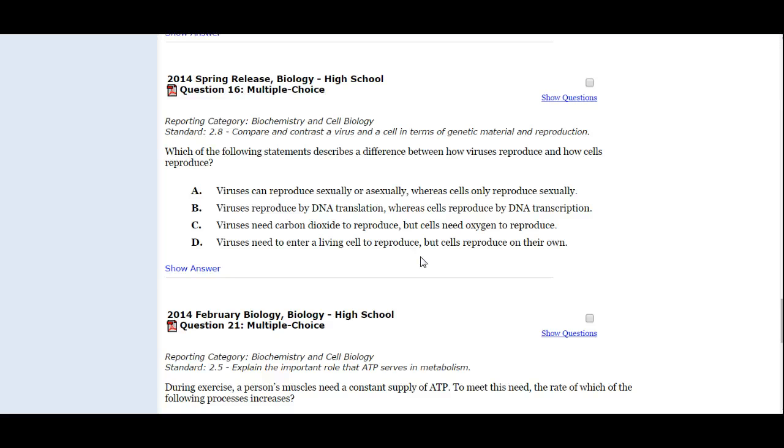And what did you get? Okay, so the answer is D. Viruses need to enter a living cell to reproduce, but cells reproduce on their own. Okay, so that's the big thing about viruses, is that they're not considered living things because they cannot reproduce on their own.